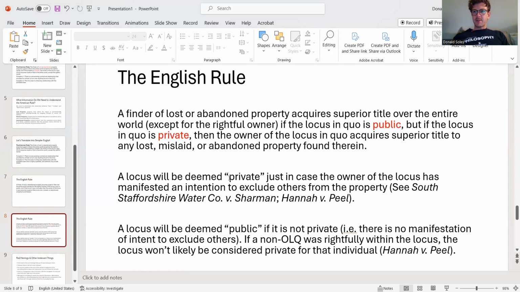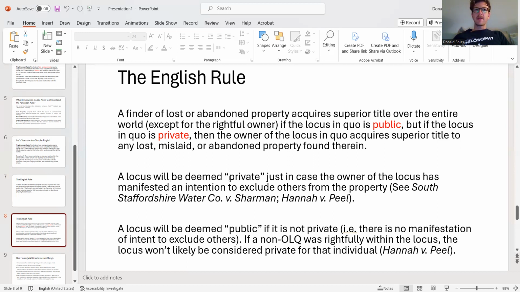Think, by the way, also of Bridges versus Hawksworth. The shop was public because it was in normal business hours. If, however, Bridges had found the notes in the shop of Bridges versus Hawksworth after hours when he wasn't supposed to be there, then if pains had been taken to keep out the general public, either by locking a door or making some other explicit measure to prevent the general public from coming there, then it doesn't look to me like Bridges would have prevailed in that case.